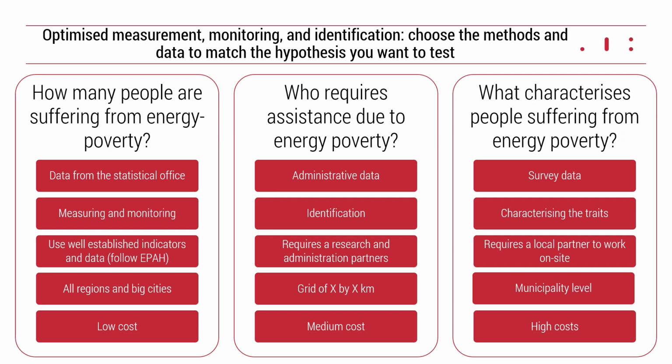So, first of all, I would like to focus on the right choice of methods in order to match your research question, match the hypothesis you want to test in your research.